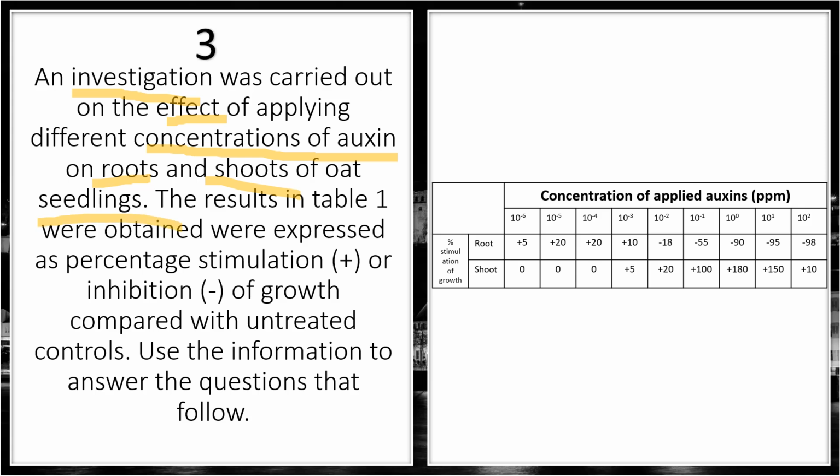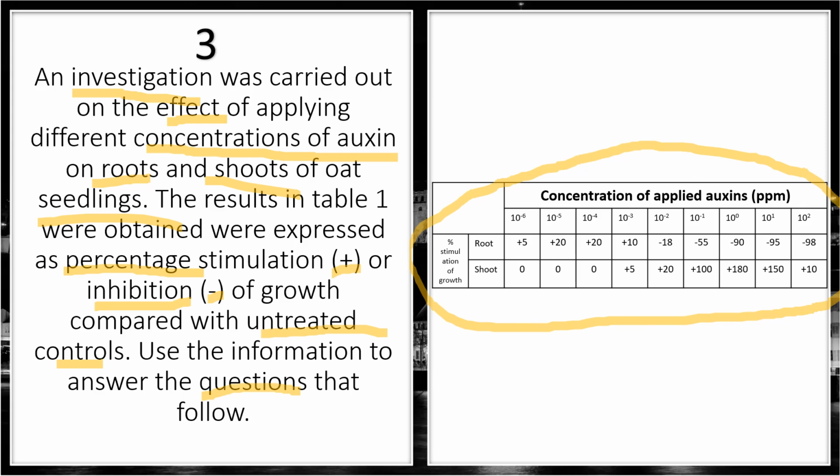Results in table 1 were obtained, expressed as percentage stimulation, positive, or inhibition, negative, of growth, compared with untreated controls. Use the information to answer the questions that follow. So we have our concentration of auxins applied, parts per million.